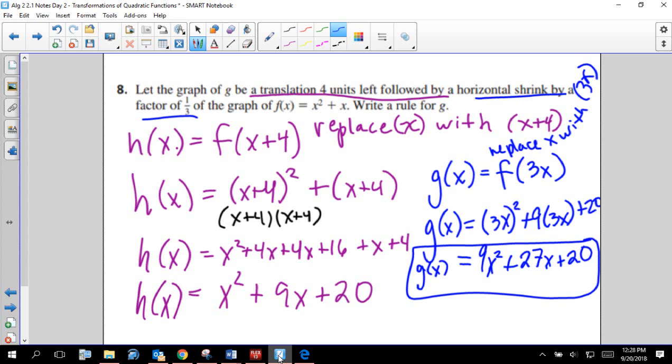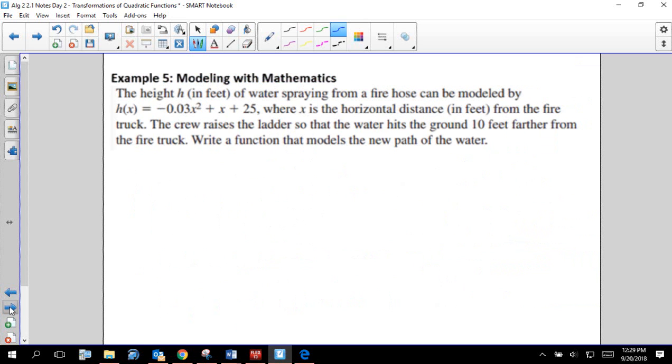The height h in feet of water spraying from a fire hose can be modeled by h of x equals negative 0.03x squared plus x plus 25, where x is the horizontal distance in feet from the fire truck. The crew raises the ladder so that the water hits the ground 10 feet farther from the fire truck. Write a function that models the new path of the water.